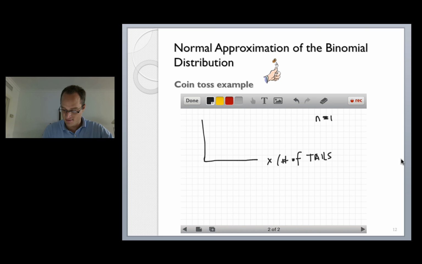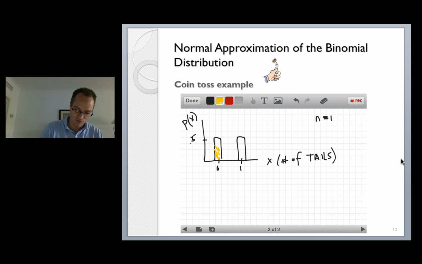It's not important which one is a success or failure here. Up here is capital P, the probability of getting that number of tails. It's possible that I get 0 tails, and it's possible that I get 1 tail. That's it, right? And we know that the probability of either of those happening is 1/2, 0.5.